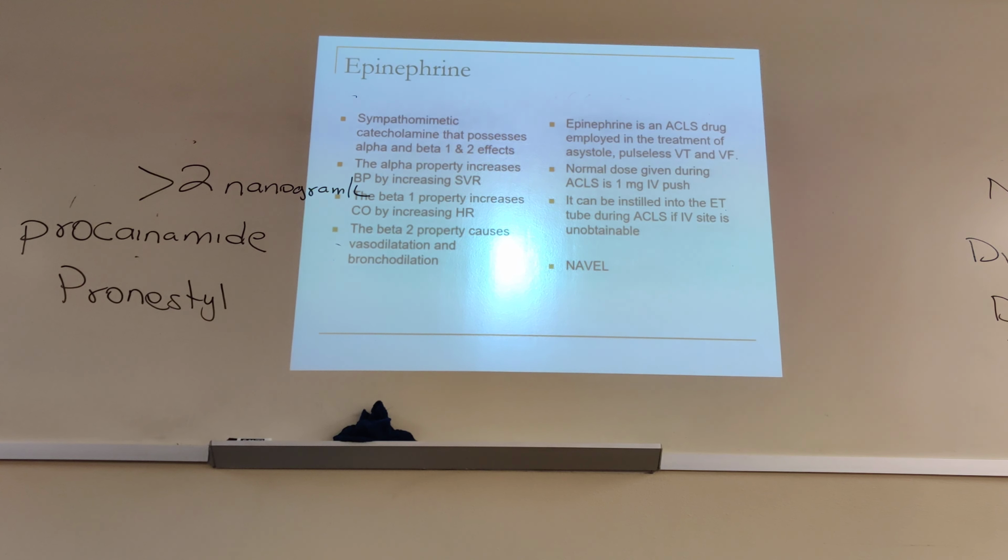So 3 ways: it's got an alpha effect, a beta 1 effect, and a beta 2 effect. Anytime you give epinephrine, you're producing those 3 effects. I remember a long time ago we used epinephrine for bronchodilation. If somebody needed a bronchodilator, we gave them epinephrine.